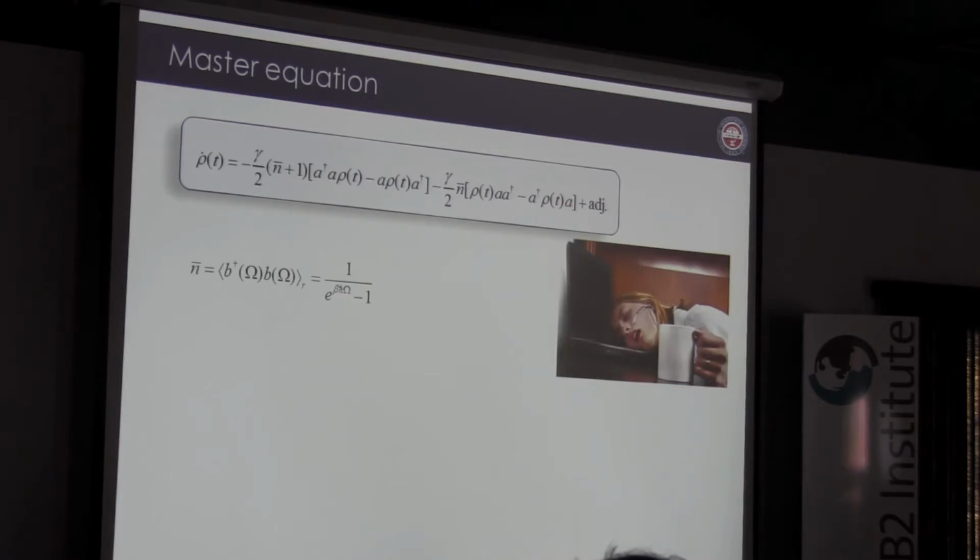And so that adds a phonon from the reservoir to the system. Now these other terms aren't immediately apparent. They're necessary to preserve the trace. They basically appear because you're trying to preserve the trace. Rho has a trace of 1. If I just had this term and this term, that would preserve trace. Okay? And then of course to preserve hermiticity, I also have to add the adjoint. So that's basically what the master equation gives you.